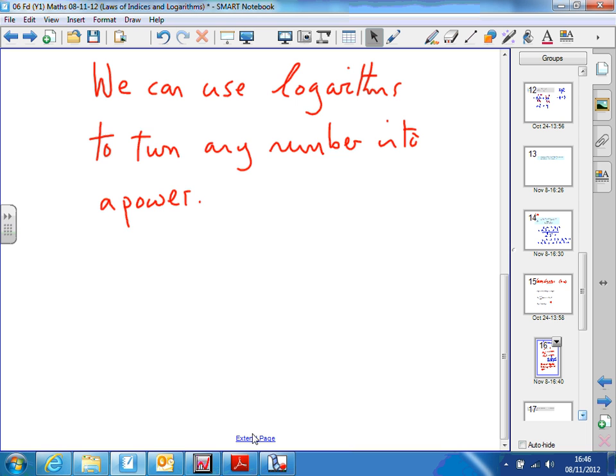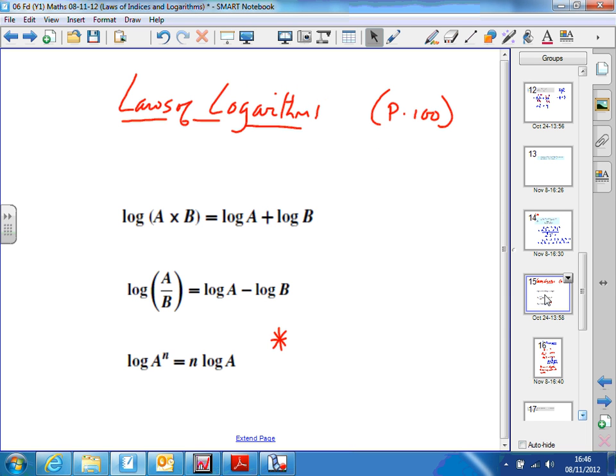If we look at the laws of logarithms, the log is a power. So if I take two numbers, a and b, and turn them into logarithms, instead of multiplying them, I add them. Because if you remember from the laws of indices, what do I do with powers when I multiply? Add them. I've turned these numbers, a and b, into powers.